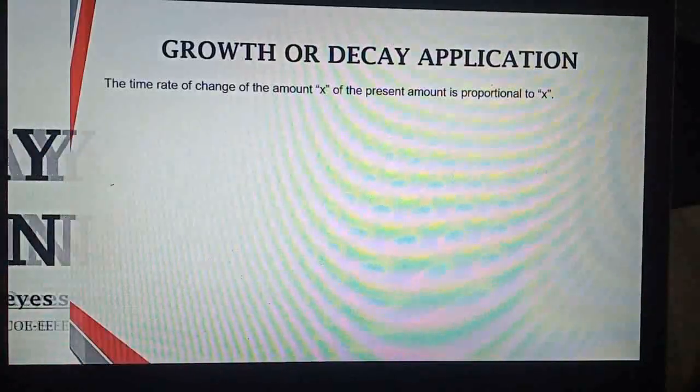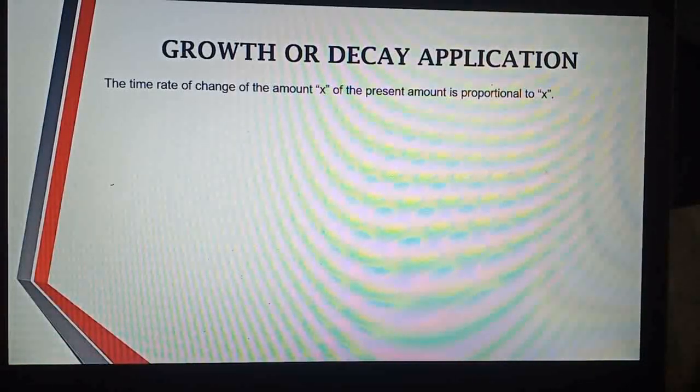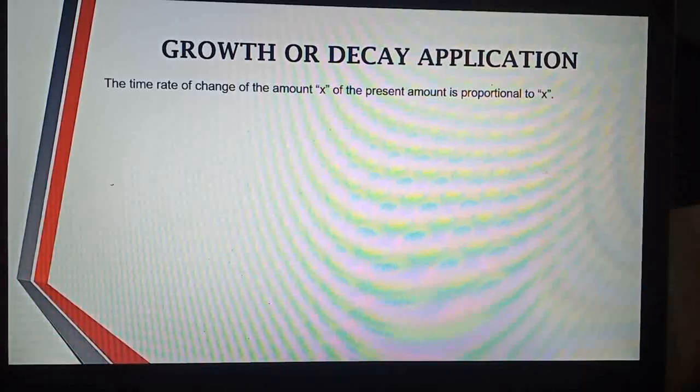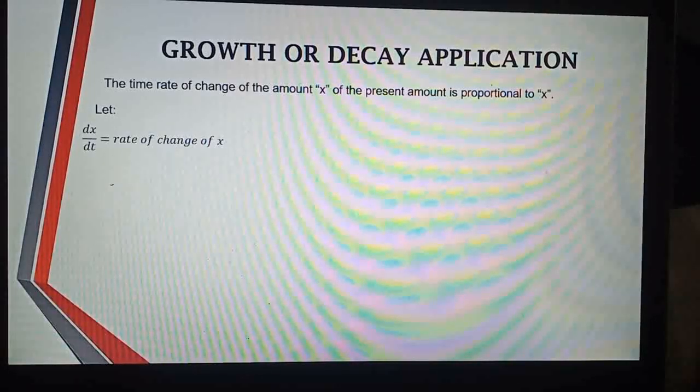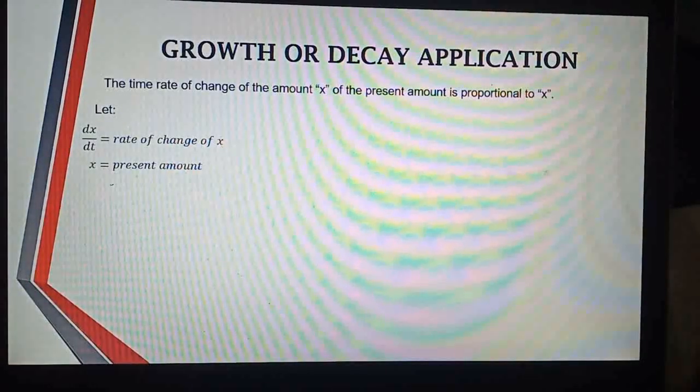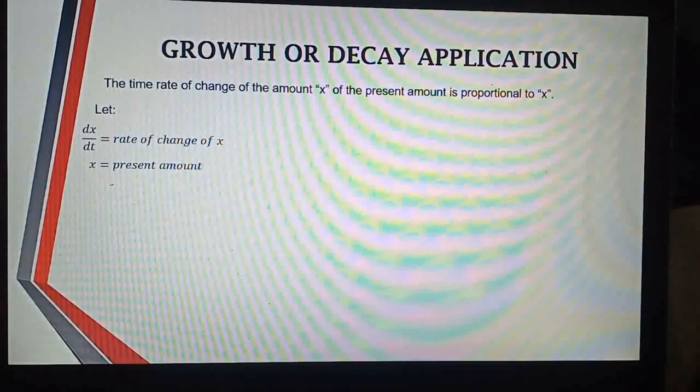Let's start. If we are talking about growth or decay application of DE, it is defined as the time rate of change of the amount x, which is the present amount, proportional to x. Meaning, dx over dt is the rate of change of x, or the changes in x with respect to time, and x is your present amount.